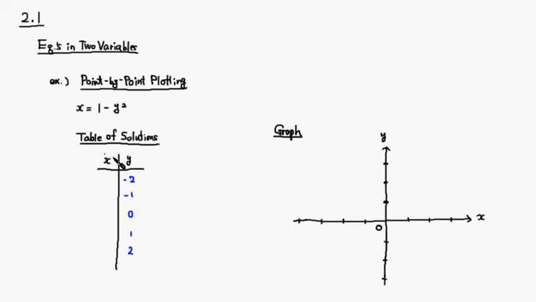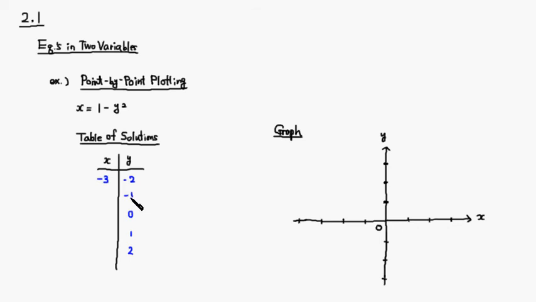So when the y value is -2, just plug it in here. 1 minus -2 squared is 1 minus 4, so the x value is -3.